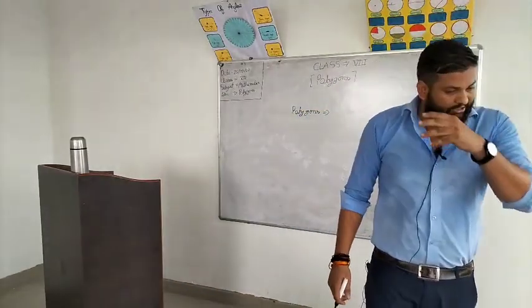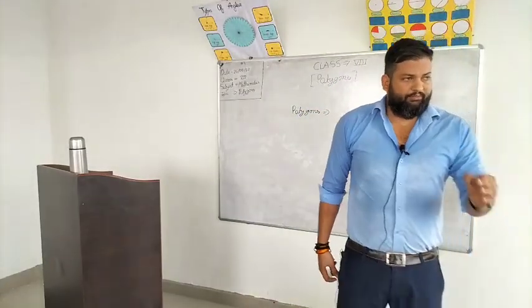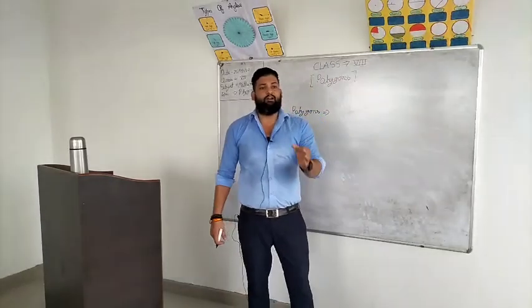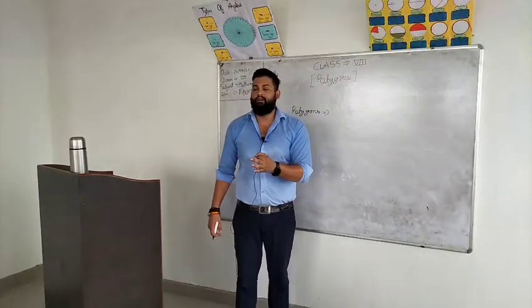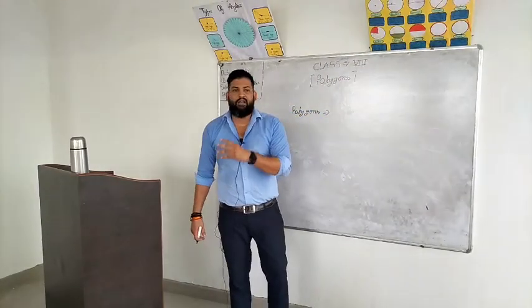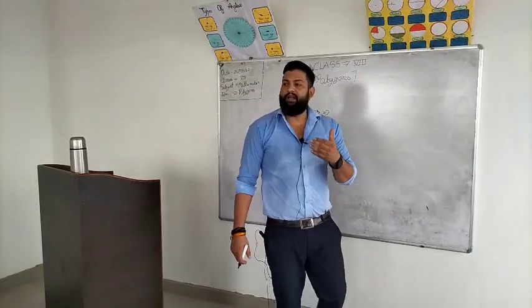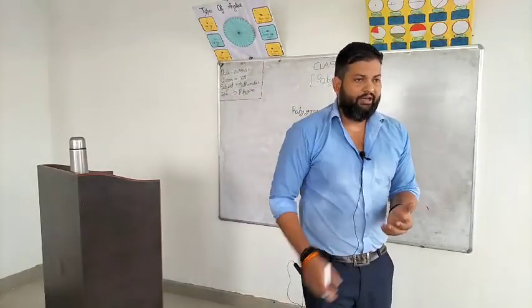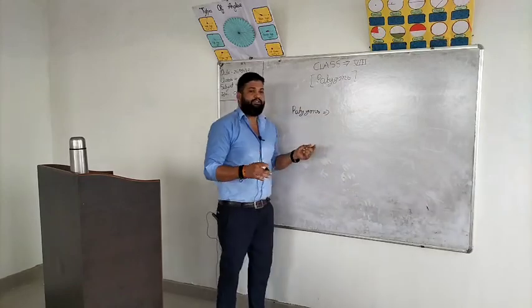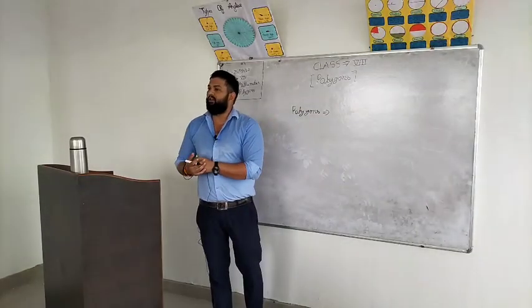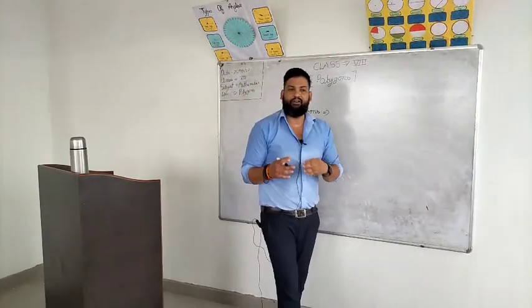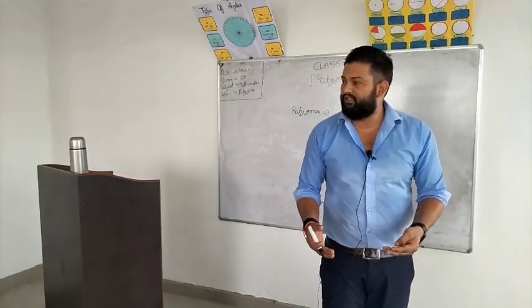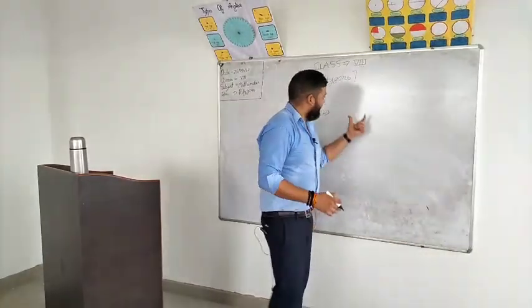So what is the polygon? It means a simple closed curve made by line segments. It means ऐसा फिगर जो line segment से मिलके बना हो. So you can say that is the polygon.